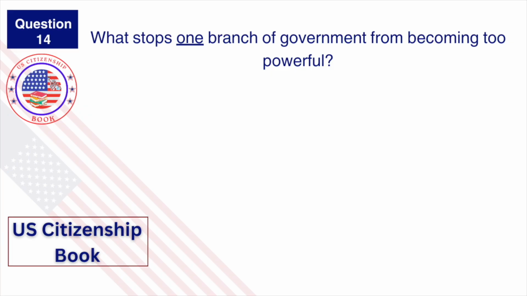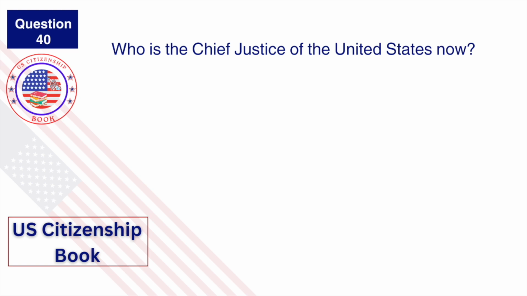What stops one branch of government from becoming too powerful? Checks and balances. Who is the Chief Justice of the United States now?